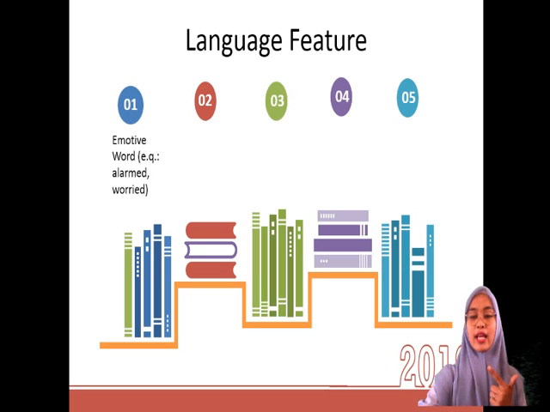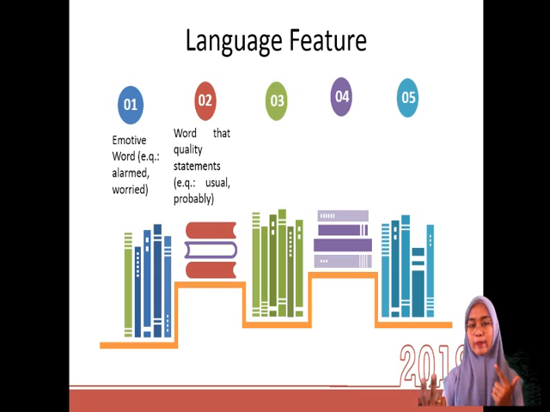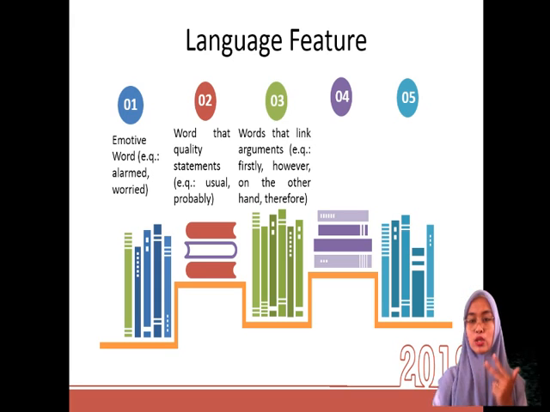Second, analytical exposition usually uses words that qualify statements, for example usual, probably, and so on. The third, analytical exposition usually uses words that link arguments, the same as connectives or conjunctions, for example firstly, secondly, however, therefore, and on the other hand.